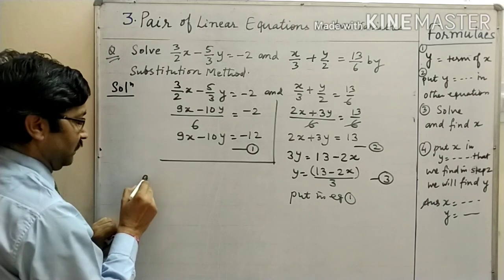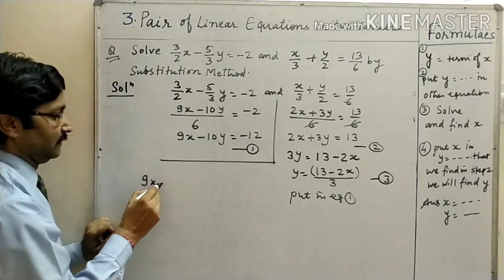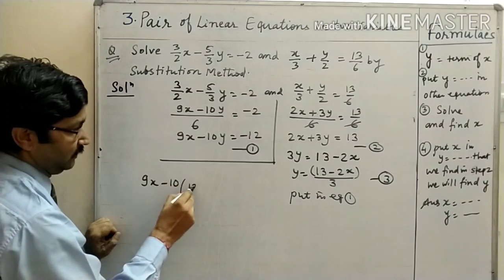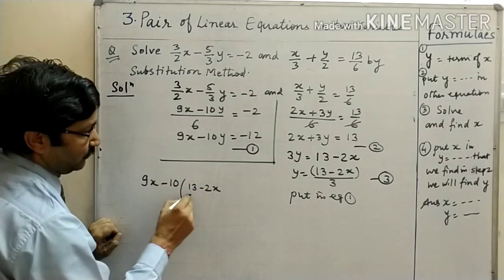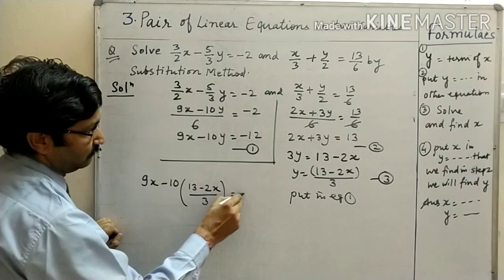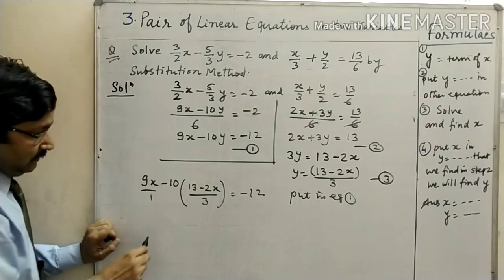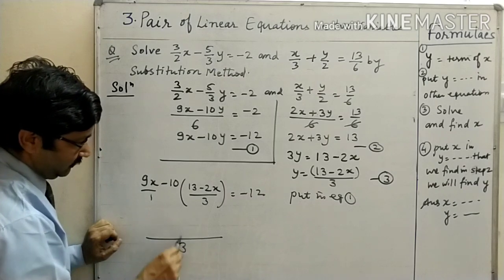What do we get? 9x minus 10, and in place of y we put (13 minus 2x) upon 3, equal to minus 12. Now take the LCM, which is 3.